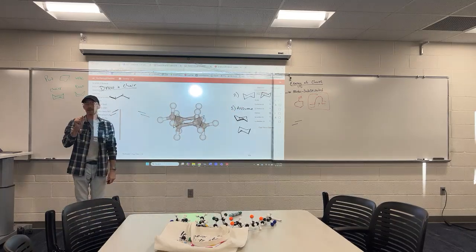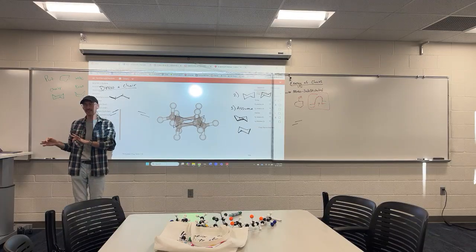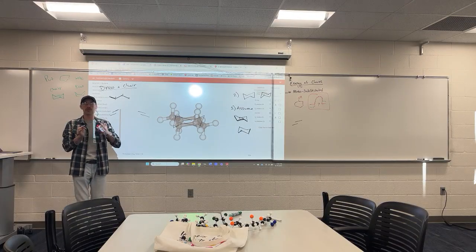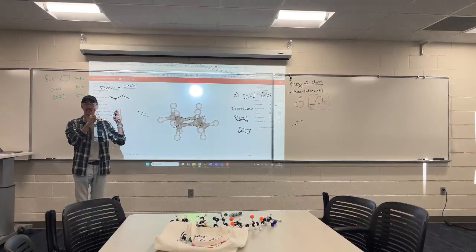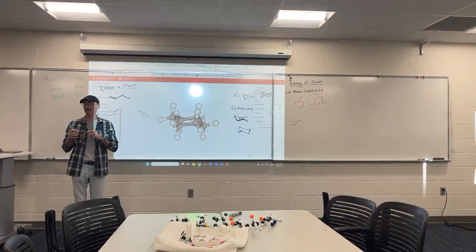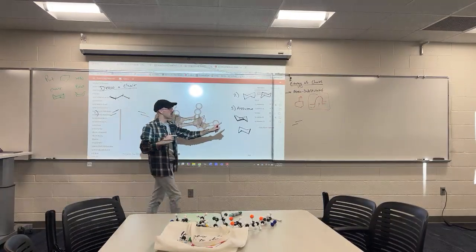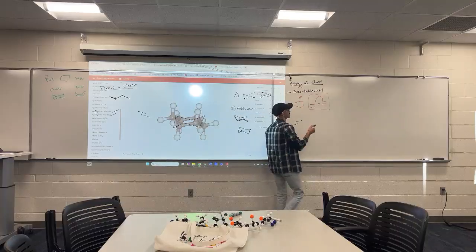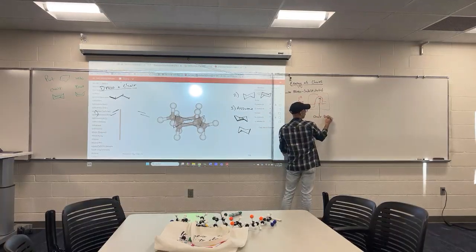It does not matter which you use, but sometimes the homework requires you to show the other version when submitting the second chair conformation. And we actually call this conversion, this transformation, from one chair to the next, a chair flip.